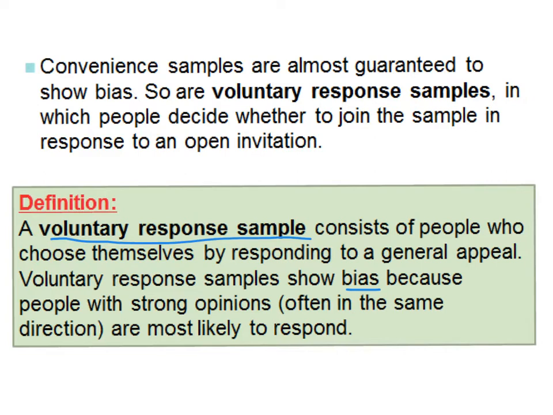It almost always results in bias just because it's more likely that people that have a strong opinion about whatever it is chose to participate in the study or chose to offer information, and they probably have their reasons that they feel strongly one way or another. Okay? We don't want that. It means they may be more likely to offer a certain response.